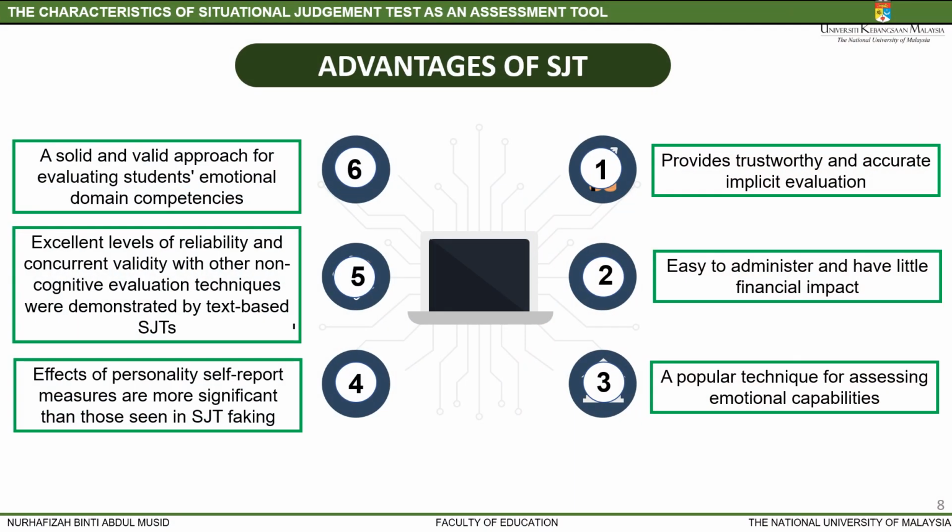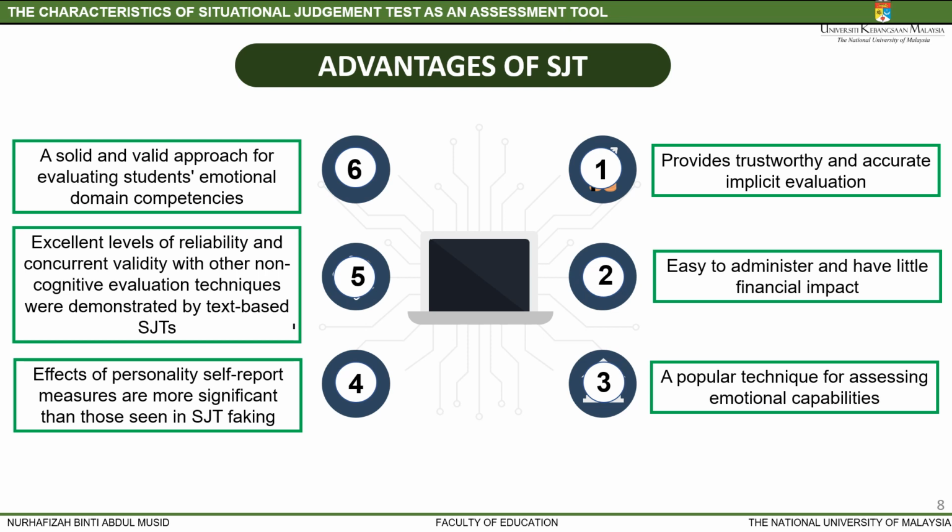There are a few advantages of SJT. First, SJT provides trustworthy and accurate implicit evaluation. Second, SJTs are easy to administer and have little financial impact. Third, SJT is a popular technique for assessing emotional capabilities. Fourth, effects of personality self-report measures are more significant than those seen in SJT faking.